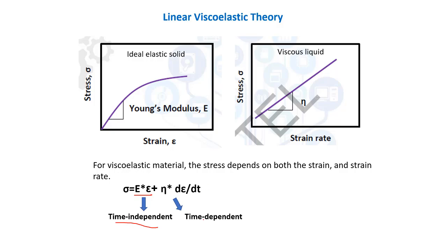So the stress will be E, that is Young's modulus, into strain, plus the time dependent part, that is eta multiplied by strain rate, delta epsilon by dt. So this is the formula to calculate the stress in a viscoelastic material.